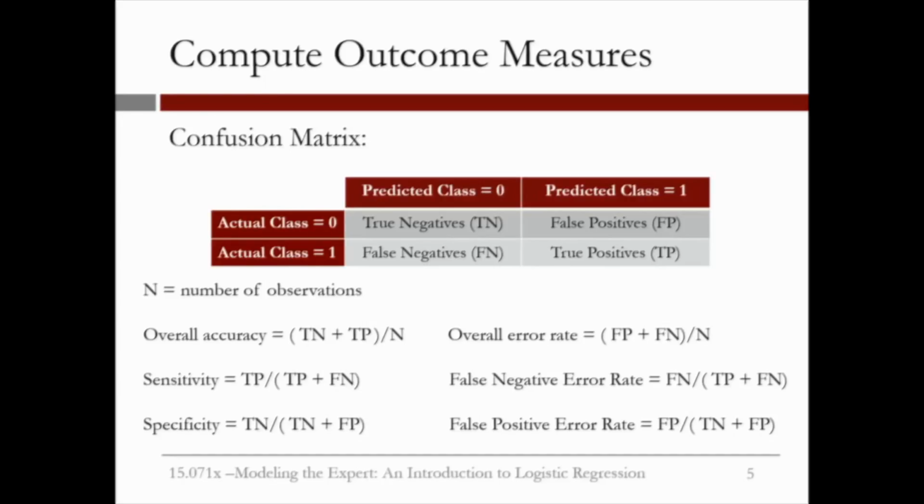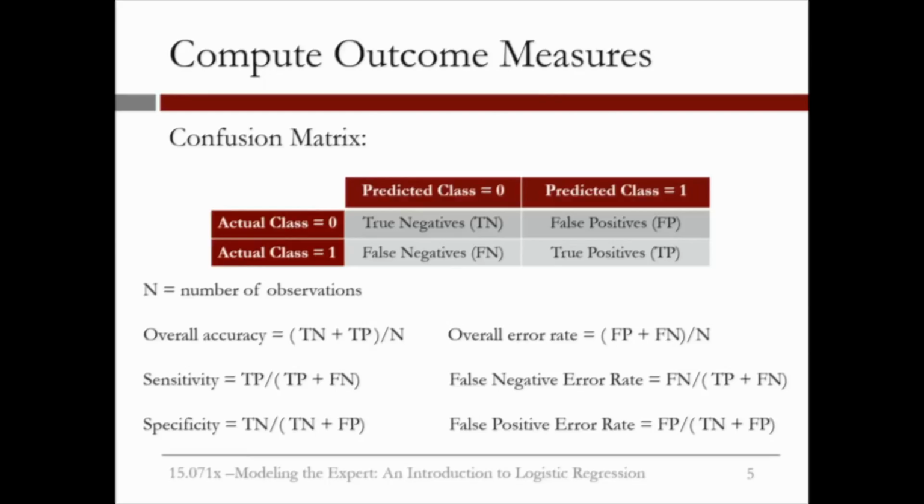So we define true negatives, shortened Tn, false positives, Fp, false negatives, Fn, and true positives, Tp. If n is the number of observations, the overall accuracy is the number of true negatives and true positives divided by n. It's basically the terms on the diagonal of this 2 by 2 matrix divided by the total observations. The overall error rate is the off-diagonal terms, the false positives plus the false negatives, divided by the total number of observations. That's the overall measure of an error rate.